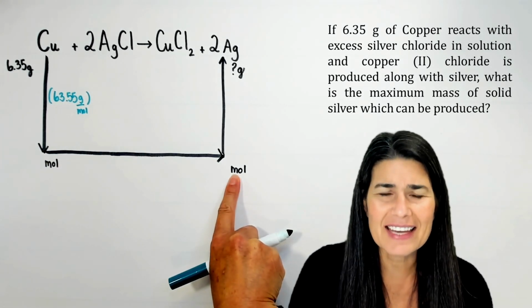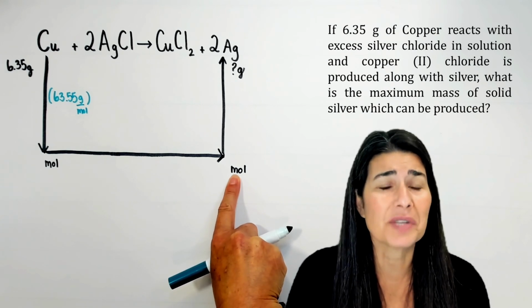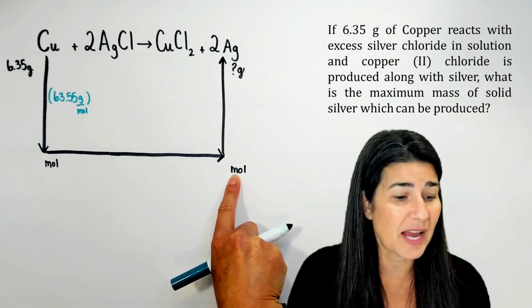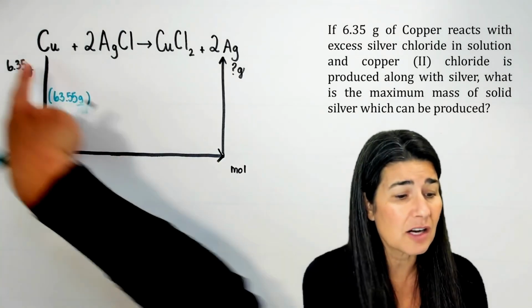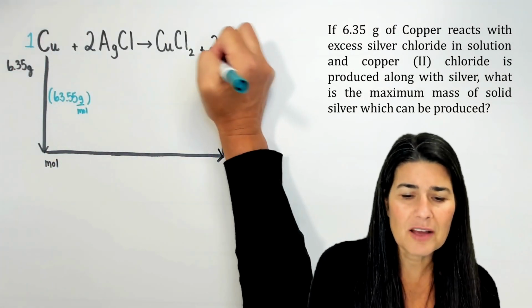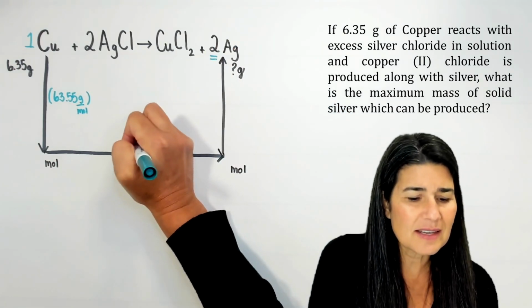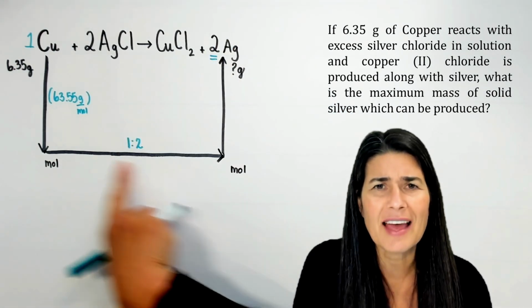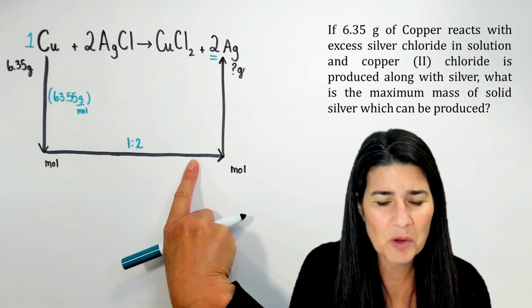We get that by using our balanced reaction and its coefficients. Those coefficients are an invisible 1 to a coefficient of 2, so this is a 1:2 mole ratio. I usually write that along the line where I'm going from moles to moles.